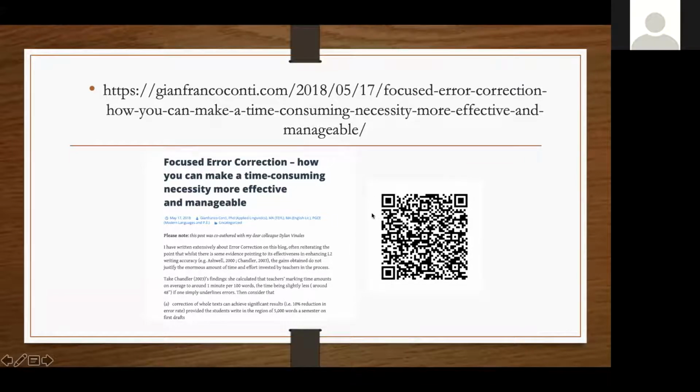All right. So if this topic of focused error correction, maybe you're not convinced, or maybe you really like the idea of this. I thought it was a really well-written article, supported by a lot of evidence and studies from our field.